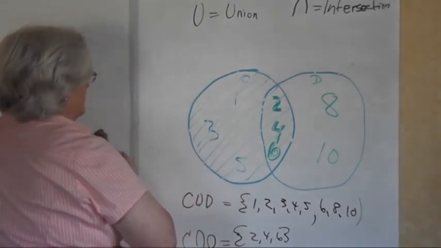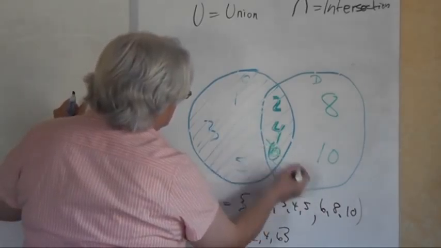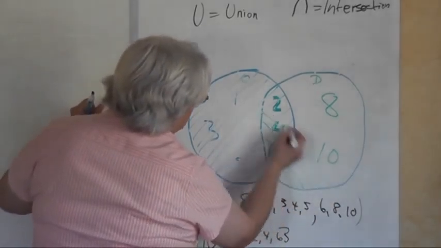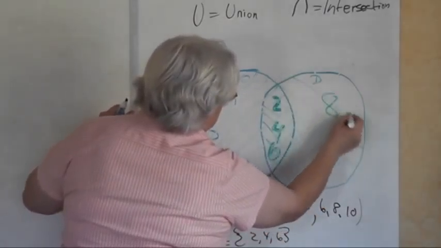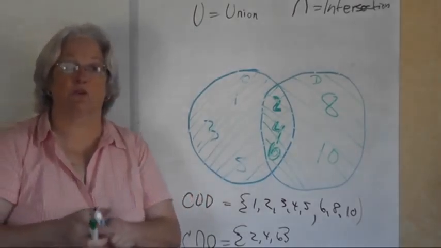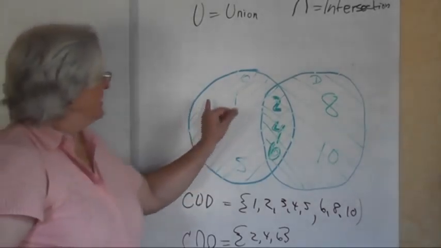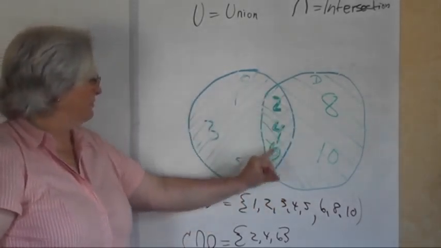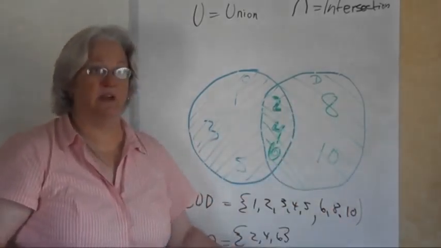That's set C. And then we also have everything from set D. So the union, as we show it on a Venn diagram, is all of the blue, 1, 2, 3, 4, 5, 6, and all of the green, 2, 4, 6, 8, 10.